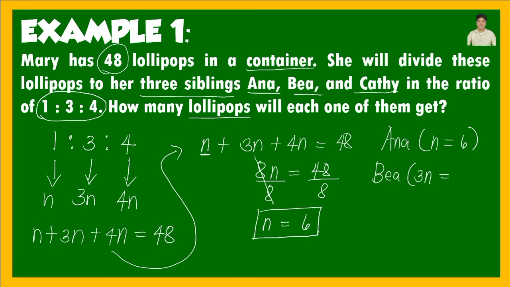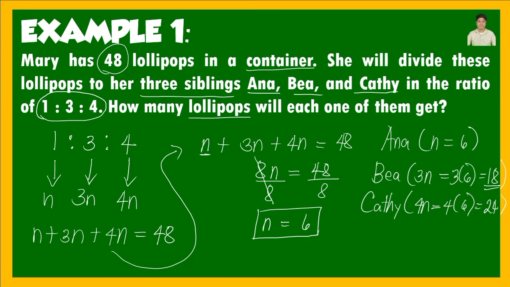So, ibig sabihin, 3 times 6. The answer is 18. So, 18 lollipops ang kanyang matatanggap. And then, si Cathy naman, 4n. That is 4 times 6. The answer is 24. So, 24 lollipops naman ang matatanggap ni Cathy.